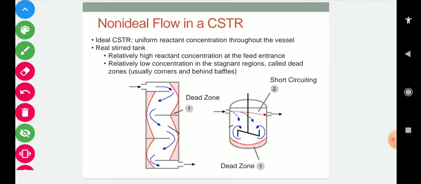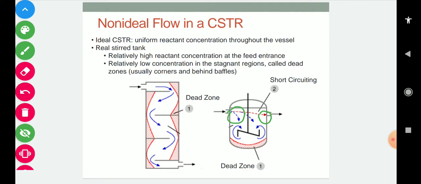Whenever any material enters at this point, you normally observe the reactant concentration is highest at the entrance point as compared to the exit point. So there is always a concentration difference between these two locations, because the mixing is not infinite.